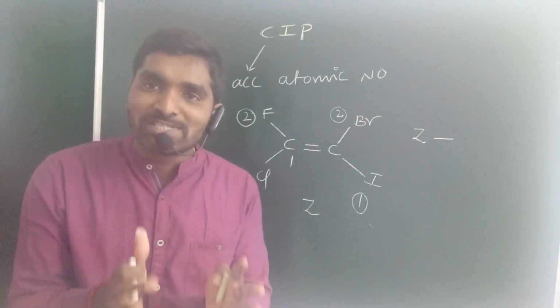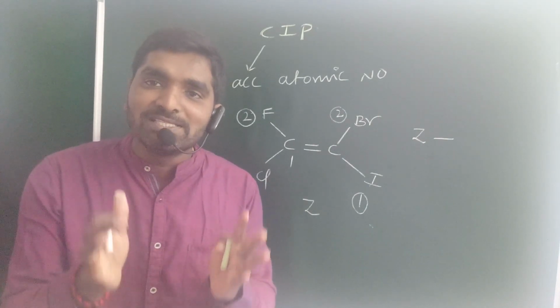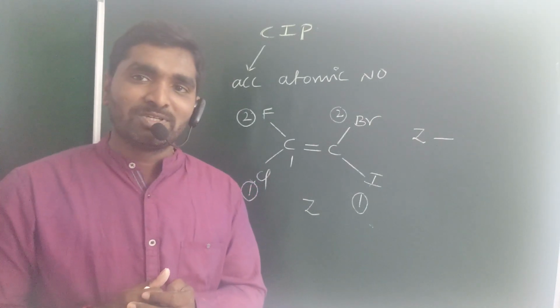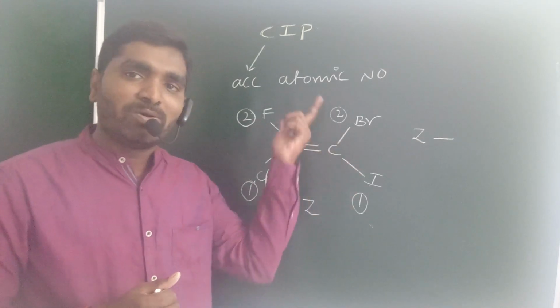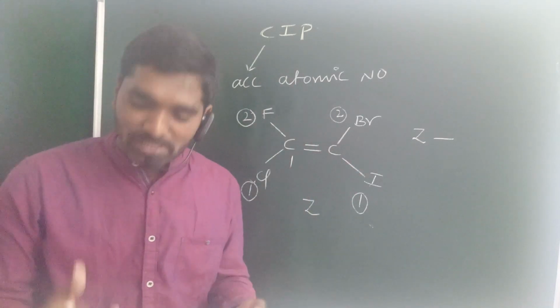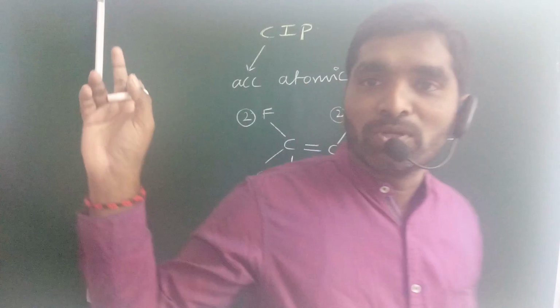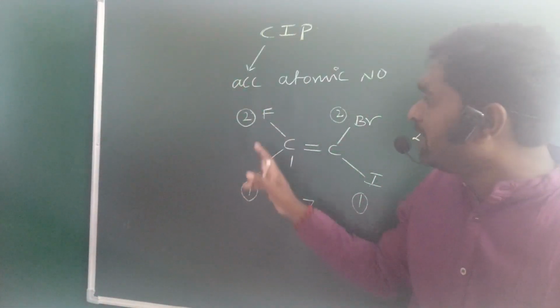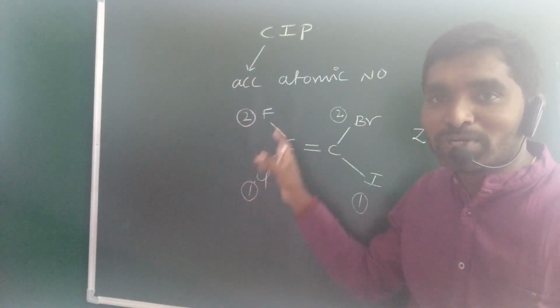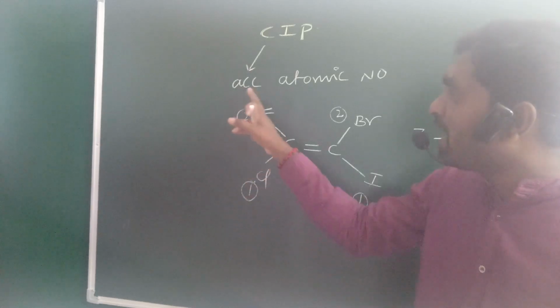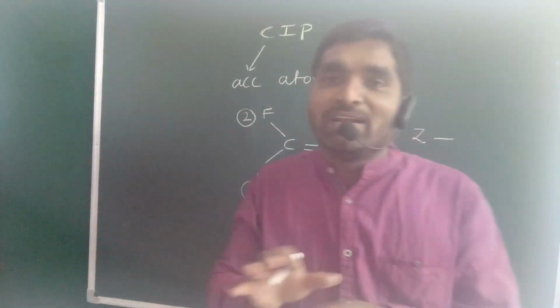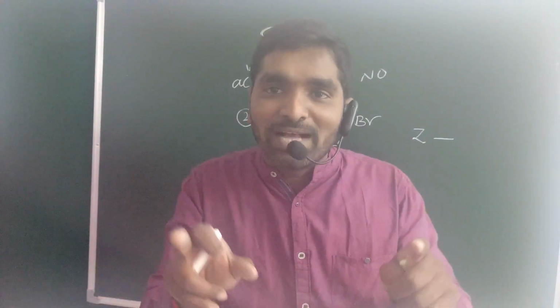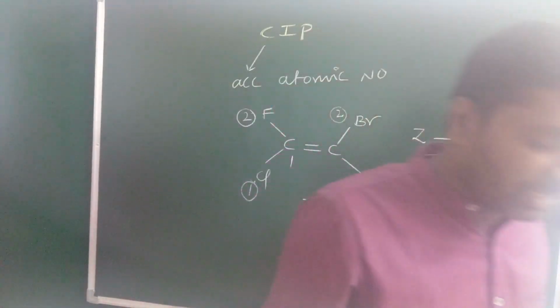Z means Zusammen, together, that means same side. So EZ nomenclature is also according to the CIP rules. And next rule: you should give the numbers to the atoms according to the atomic number, not according to the atomic mass. That is the most important one.